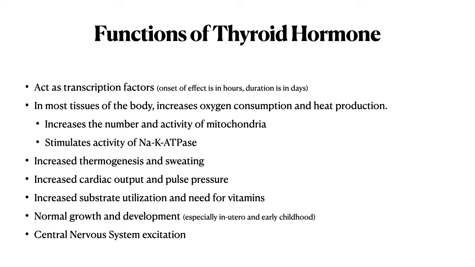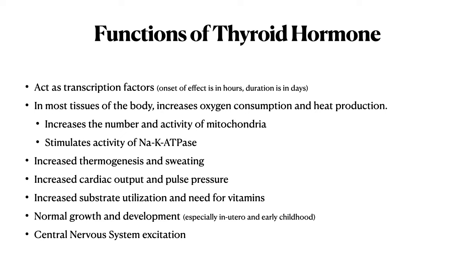And as these substrates are broken down to provide energy, it will then be needing lots of coenzymes and cofactors. The turnover for these coenzymes and cofactors will be very high so that there is an increased demand for vitamins.